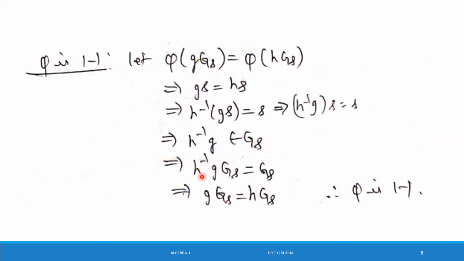Therefore, the left coset generated by this element h inverse g will give you back that stabilizer Gs. Now operating with h on either side from the left side, you get g Gs is equal to h Gs. Here we took the images as equal and finally we proved that the elements are equal. Therefore, phi is one-one.